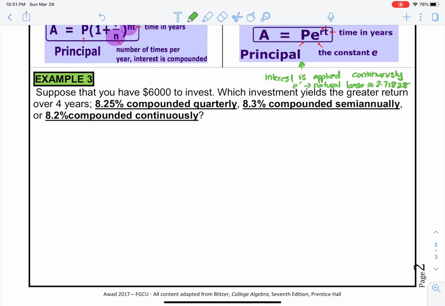So here is an example where you have $6,000 to invest. Which investment yields the greater return over 4 years? 8.25% compounded quarterly, 8.3% compounded semi-annually, and 8.2% compounded continuously.